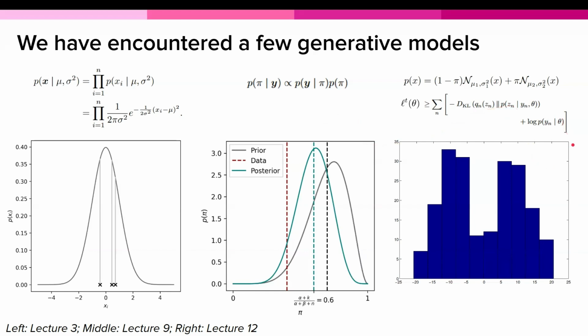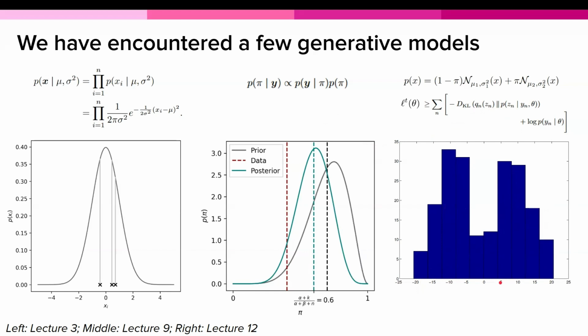And then more recently, we looked at Gaussian mixture models for multimodal data where a distribution could have multiple peaks and be well described by a mixture of Gaussians with different mixing weights and different means and variances on each of the modes.